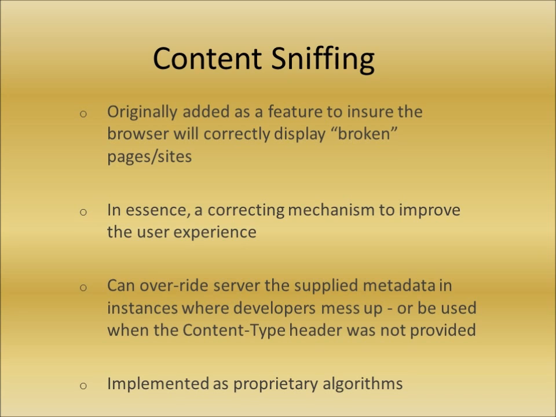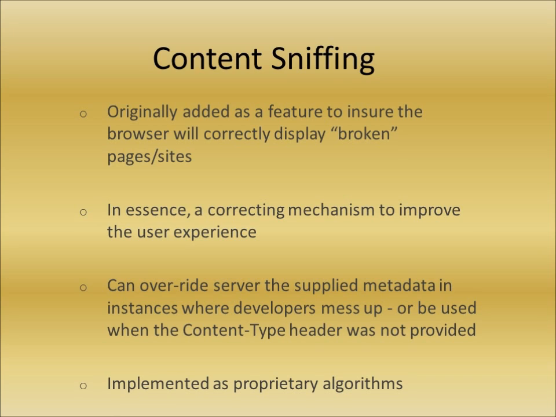Okay, so one of the main content recognition mechanisms employed by browsers is called content sniffing. Content sniffing is a mechanism employed by browsers to correctly identify the content type received from either the server or, in some cases, retrieved from the local disk. It was originally added to browsers to improve the user experience when confronted with unknown content types.